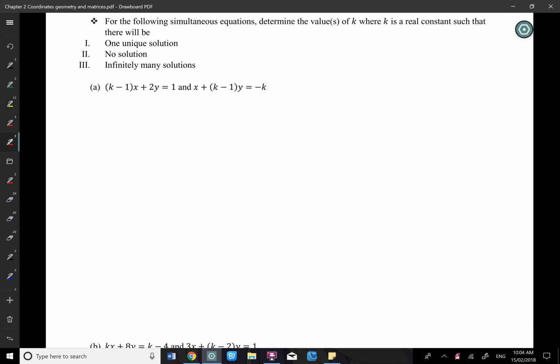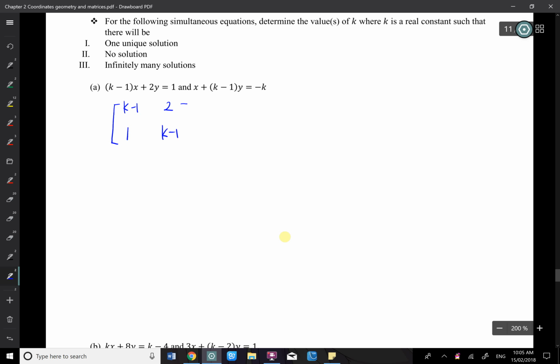So now we have two linear equations. They are already in the form ax plus by equals k, so I can set up the simultaneous equations as a matrix: k minus 1, 2, 1, k minus 1, times x and y, equals 1 and minus k.